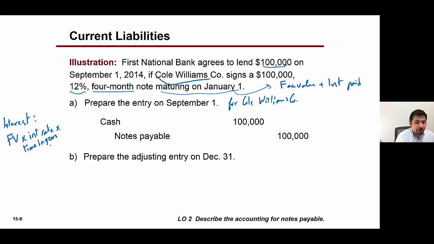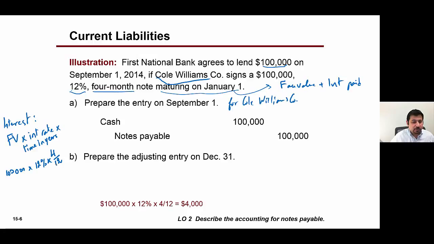So here it is 100,000 multiplied by 12% multiplied by 4/12, because it was signed September 1st, so it is September, October, November, and December, and as a result, interest will be 4,000. However, the company will not pay that amount on that day.